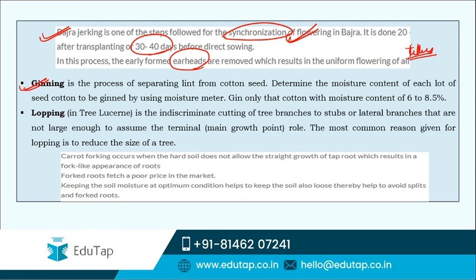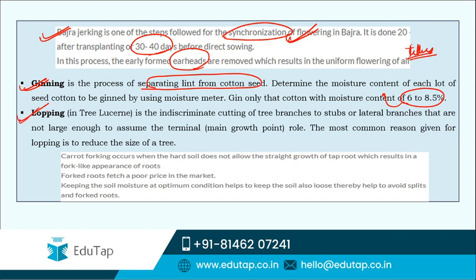Ginning, yes, ginning is done in cotton, and it's the process of separating lint from cotton seed. And definitely before ginning, moisture percentage should be checked thoroughly, and the seed should have 6 to 8.5% moisture for the ginning process to be successful.